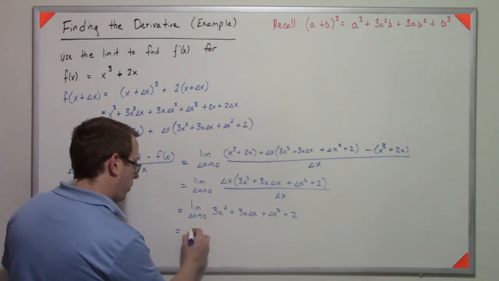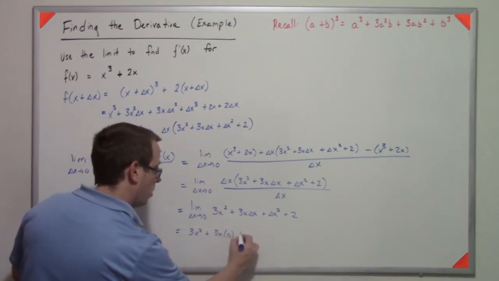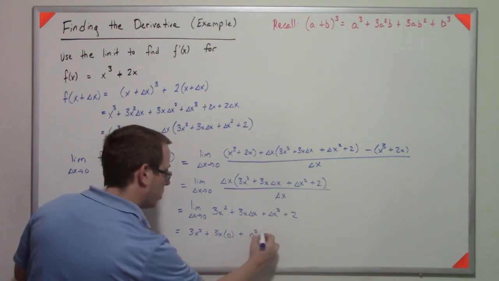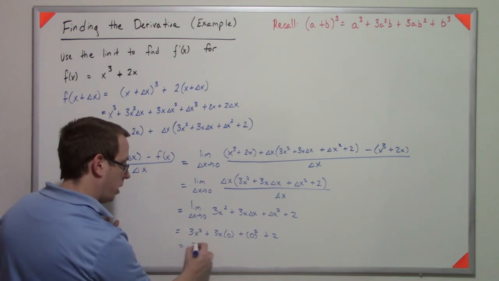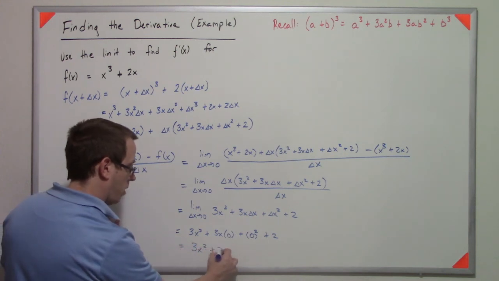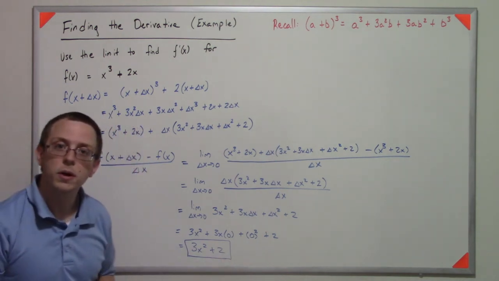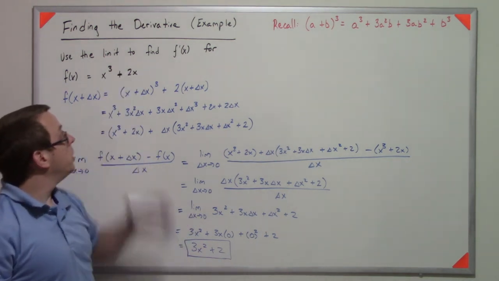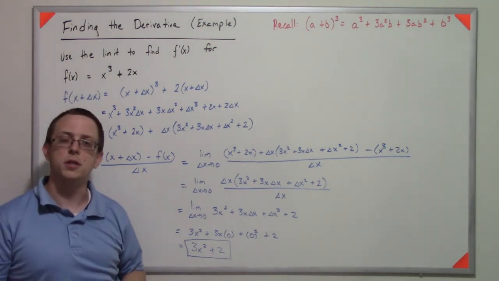So then we have 3x squared plus 3x times 0 plus 0 squared plus 2, which leaves 3x squared plus 2, which is the general derivative for x cubed plus 2x.